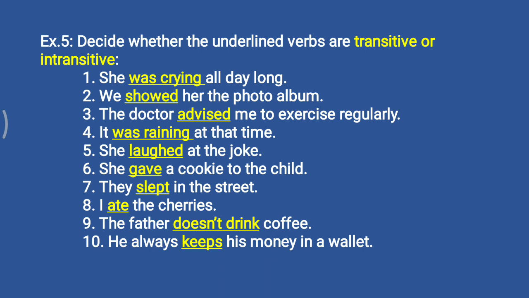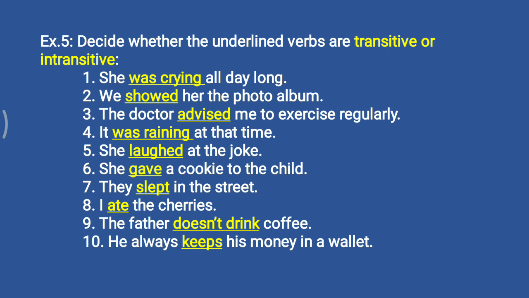So, first sentence, she was crying all day long. It is an intransitive verb. We showed her the photo album. It is a transitive verb because it is followed by an object, photo album.